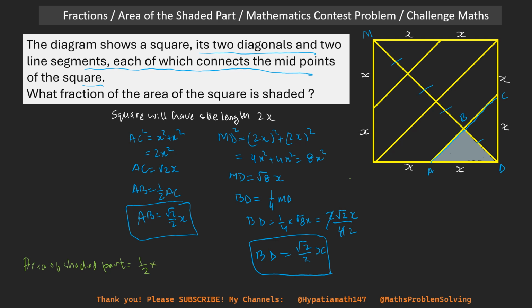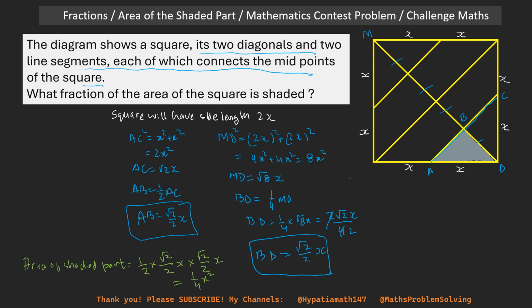Half times the base AB, root 2 out of 2 x, multiplied by height BD, that is root 2 out of 2 x. So I would get 1 out of 4 x square. So I now know the area of the shaded part.